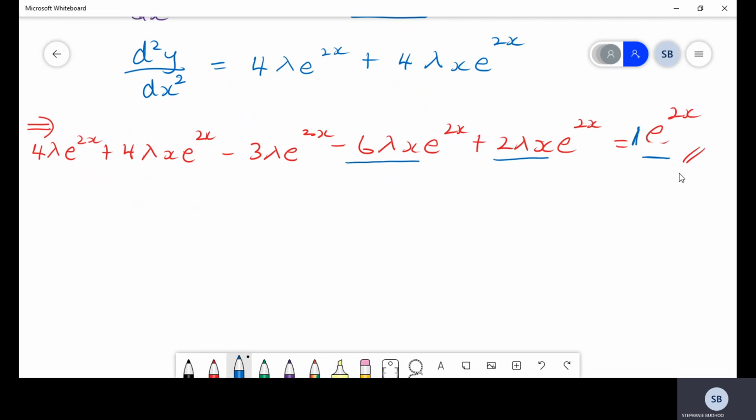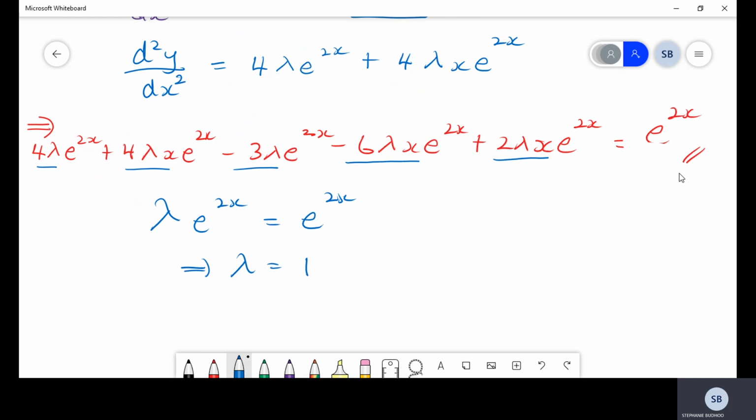And you should end up getting, once I simplify it here, something of the form lambda e to the 2x is equal to e to the 2x. Therefore, you would get that lambda is equal to 1.